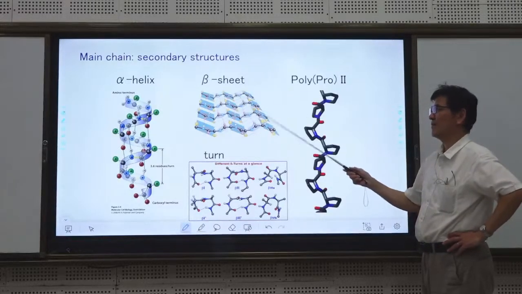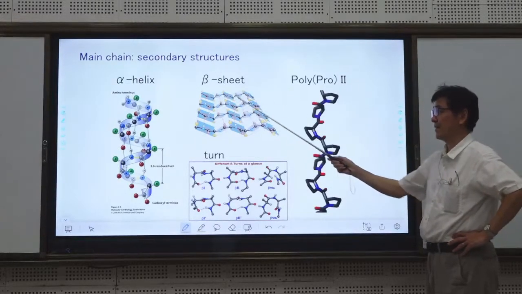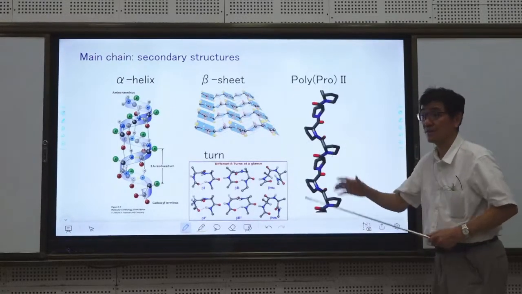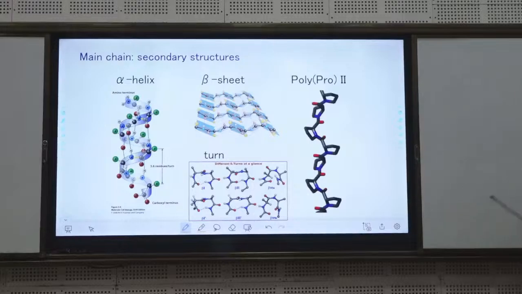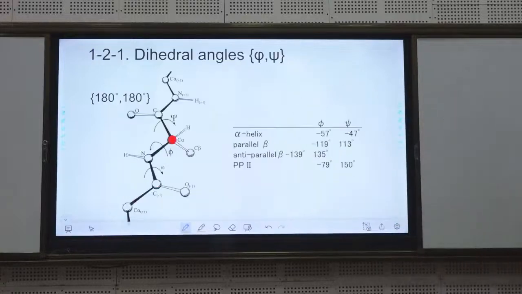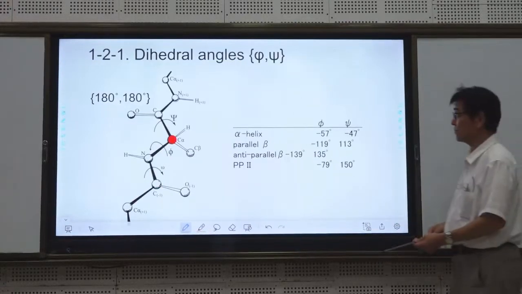But this is our understanding, and it should be described in terms of numbers. To describe these conformations, we can use the Ramachandran plot.